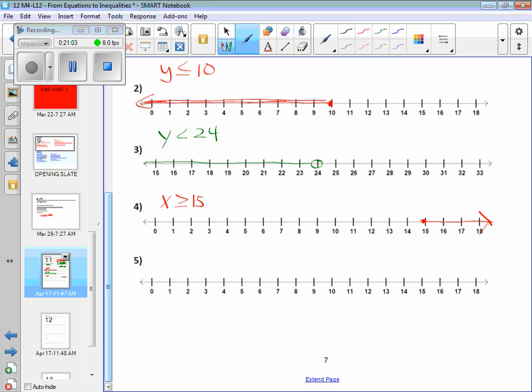There you go. All right, one more, number 5. M is less than 6. Serenity. Less than 6.